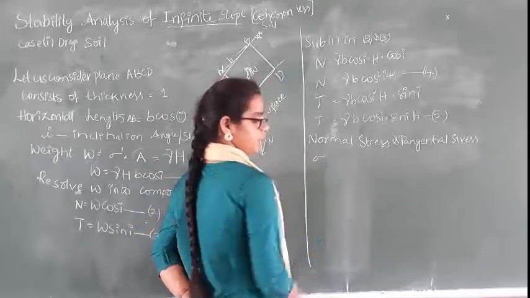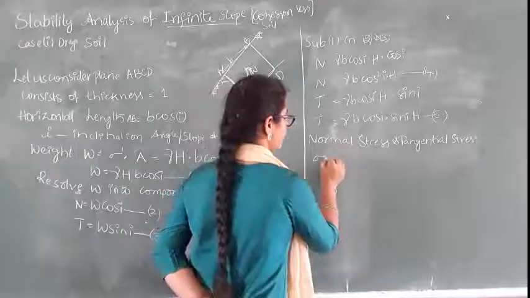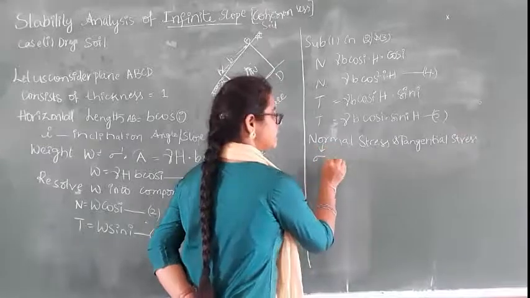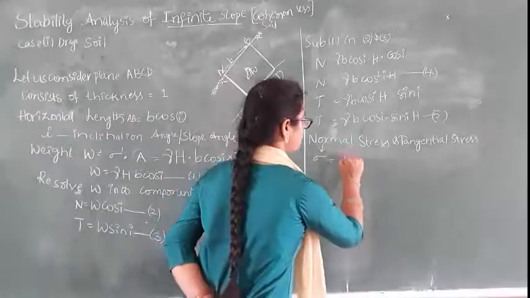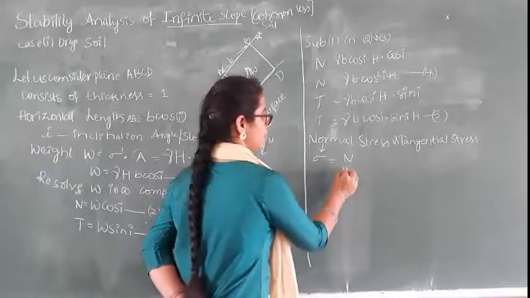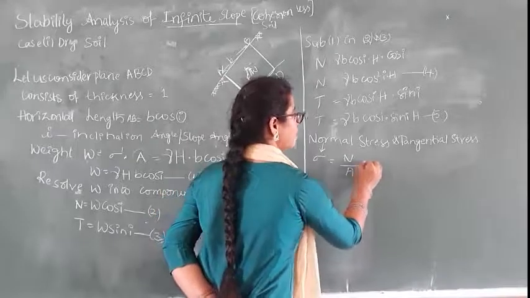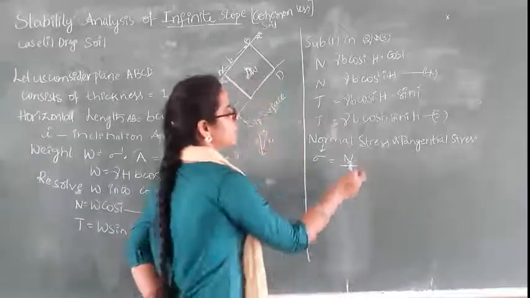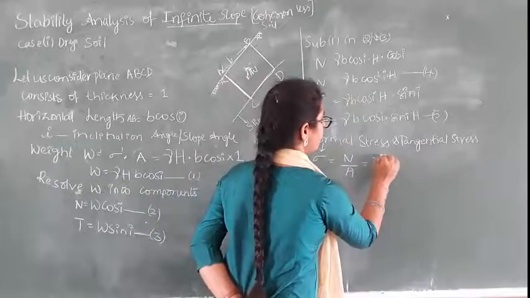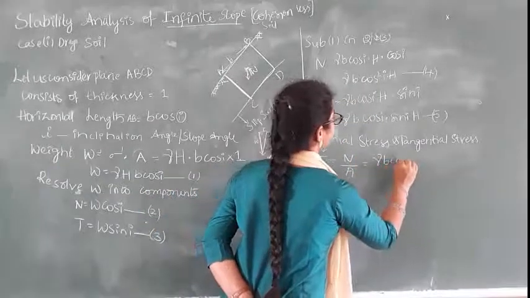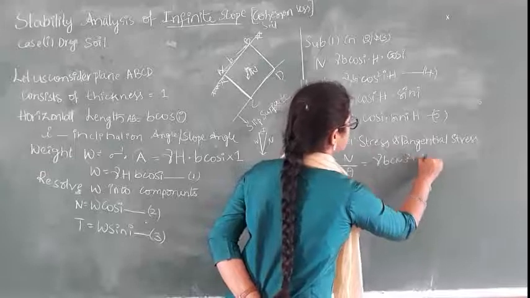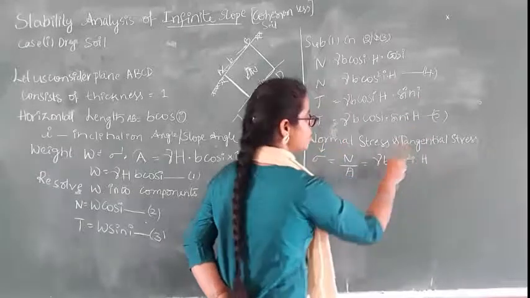It is denoted with the letter sigma. It is equal to the normal component or normal load by area. N is equal to gamma b cos square I into h from equation 4.